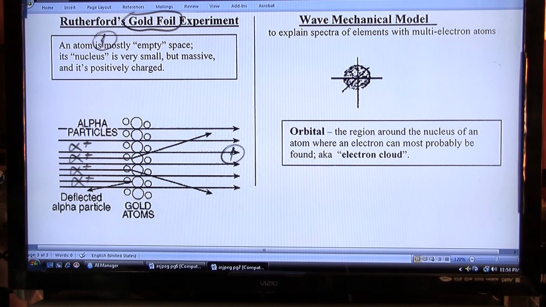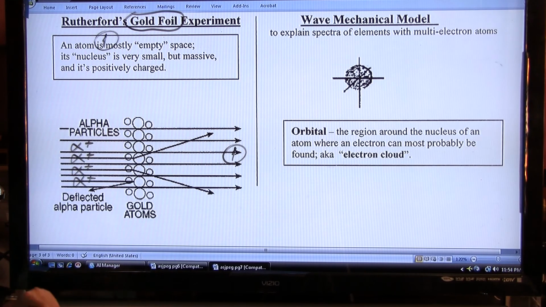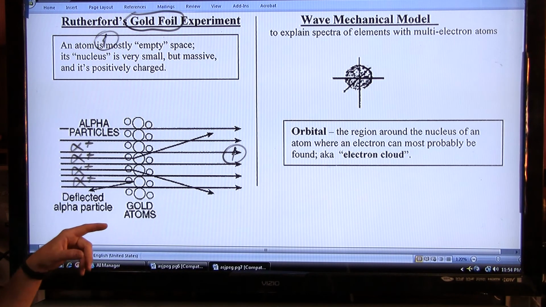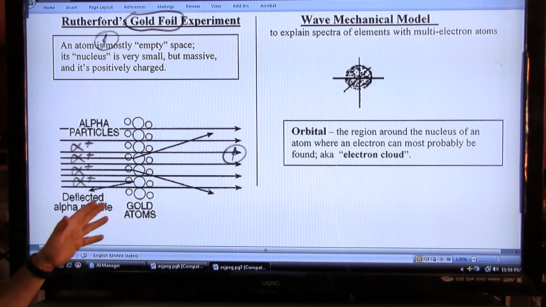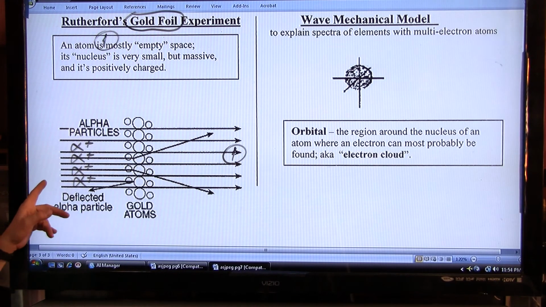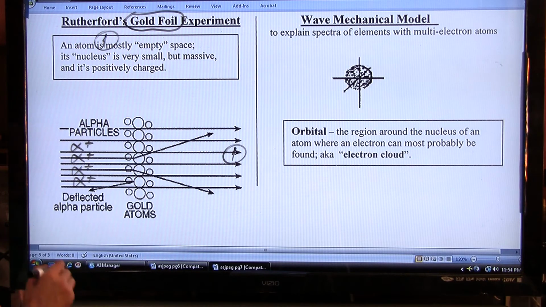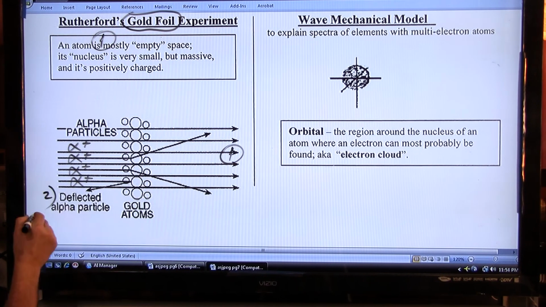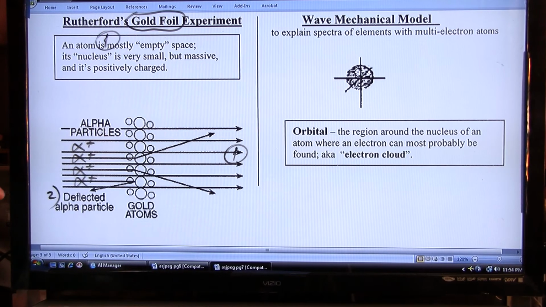All right. And secondly, Rutherford found that very rarely, but it did happen, an alpha particle would deflect back. And so what Rutherford proposed for this was the so-called nuclear structure of the atom.